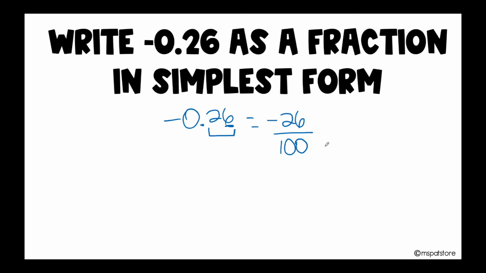As I need to show it in its simplest form, I need to simplify it. So I will divide this by 2 and also this one by 2. Remember, whatever happens in the numerator also needs to be reflected in the denominator. So 26 divided by 2 is 13, and 100 divided by 2 is 50. Don't forget that this is a negative number. So this will be my final answer, negative 13 out of 50.